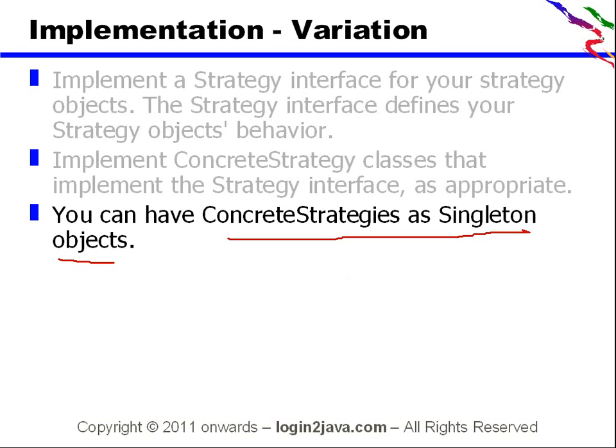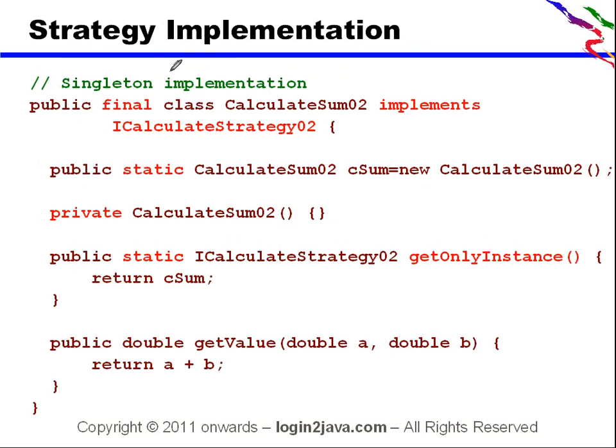So this is the strategy implementation with singleton. To make a class singleton, make the class final, because if final is not there, any class can extend it and create the object. So we have made the class final, implementing ICalculateStrategy02.